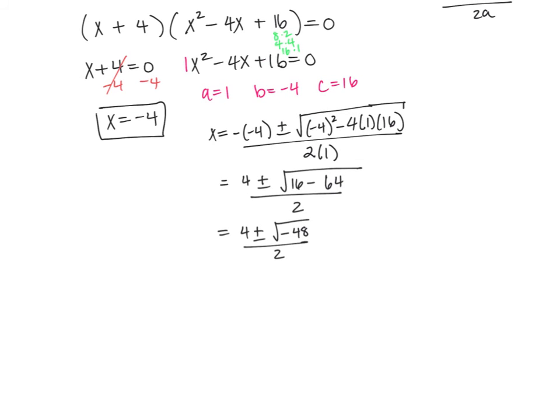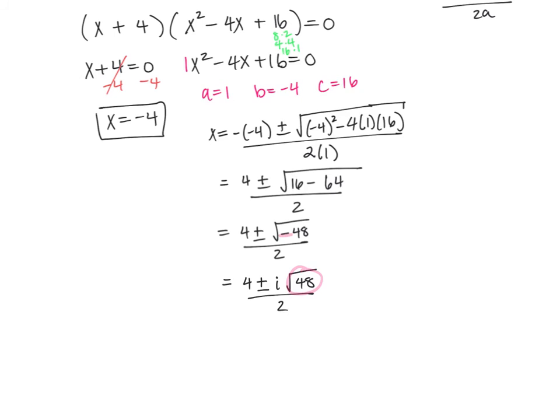Remember, if you have a negative under the root, you're going to get imaginary numbers. So I'm going to put the i outside in front and the 48 inside the root. So now I can just deal with the positive root. So I changed this negative 48 to an i, so I just remind myself that this is imaginary.